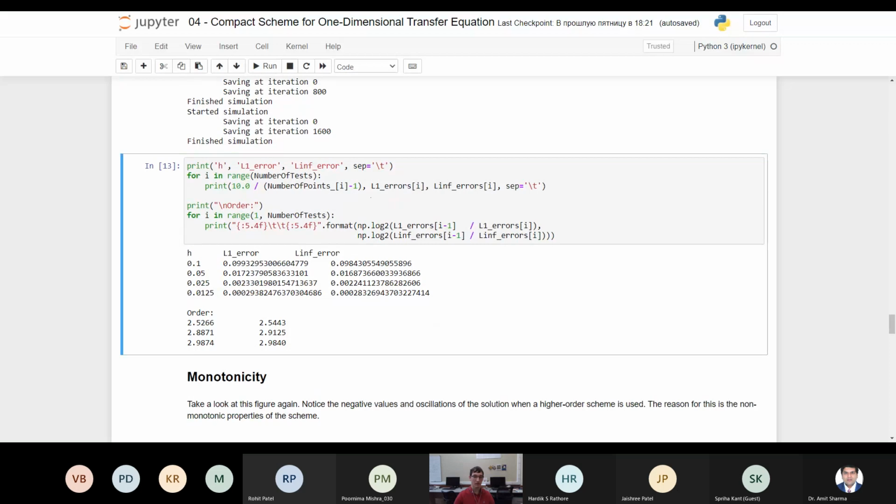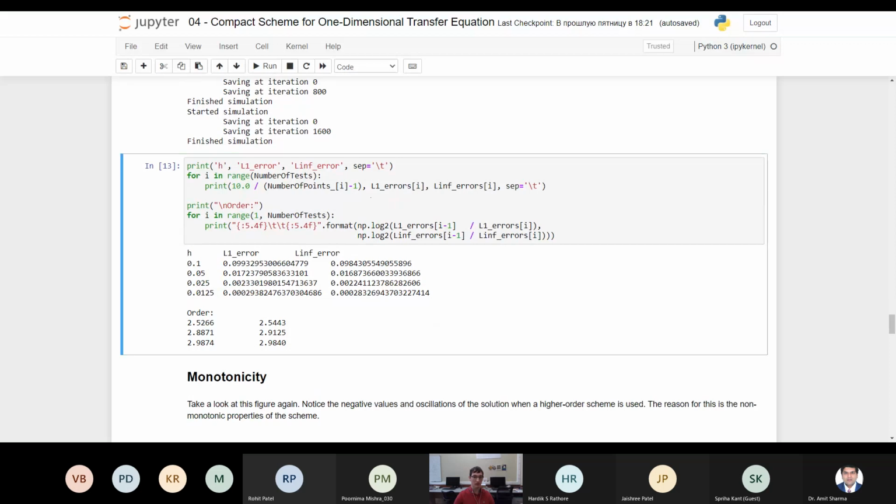We see that each time we reduce the grid step, and the errors reduce also significantly, which is seen here.